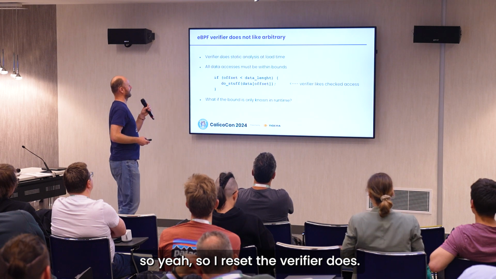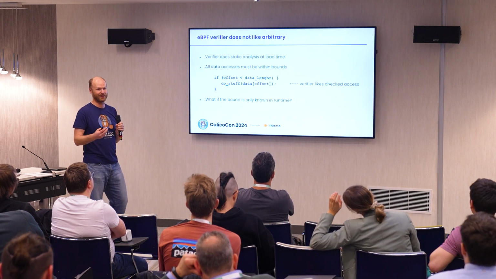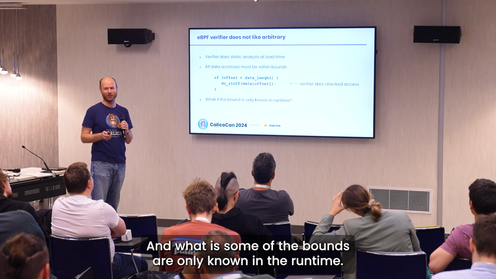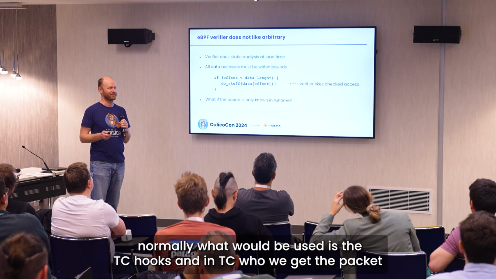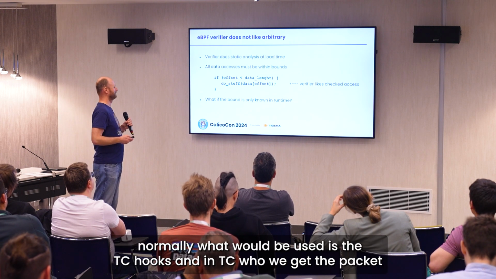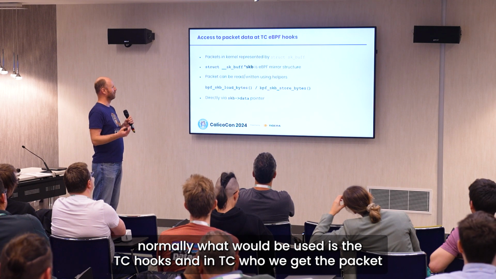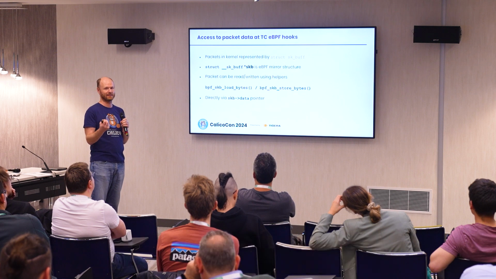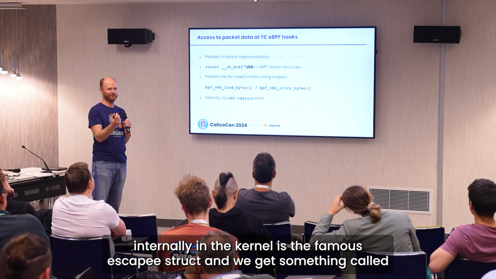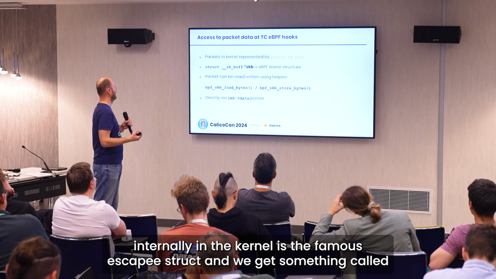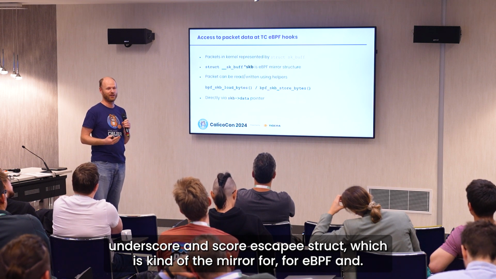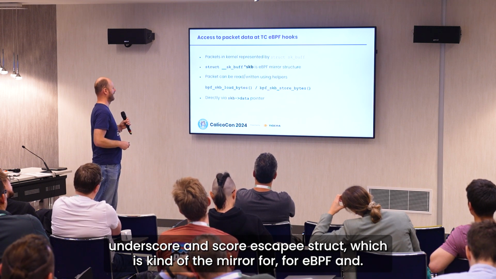So as I already said, the verifier does checking, but that's the static analysis. And what if some of the bounds are only known in runtime? Normally, what we use is the TC hooks, and in the TC hook, we get a packet. Internally in the kernel is the famous SKB struct, and we get something called __sk_buff struct, which is kind of the mirror for eBPF.